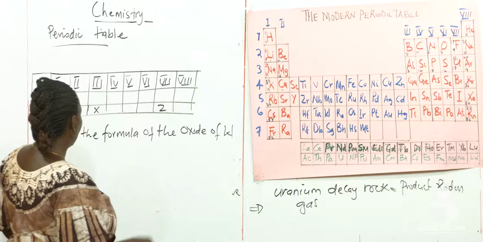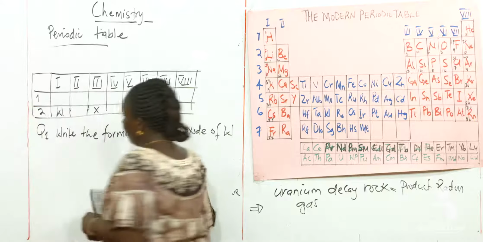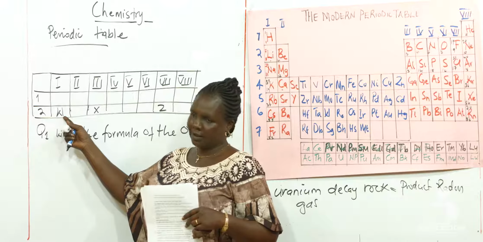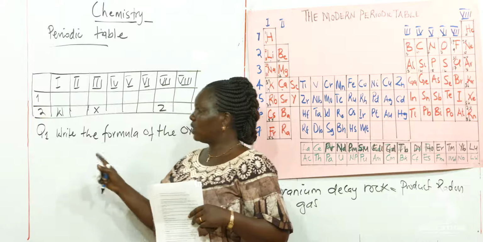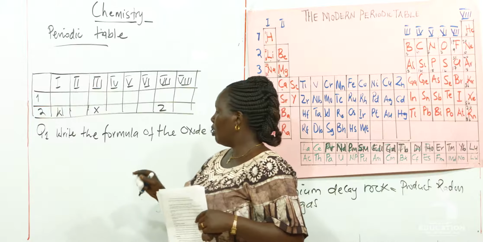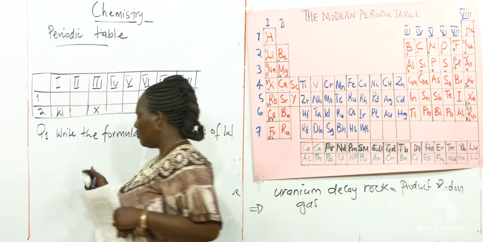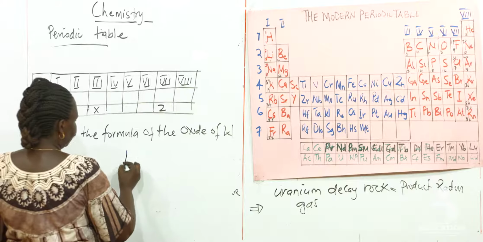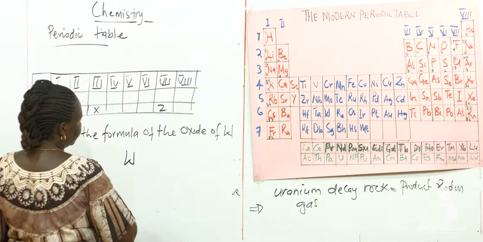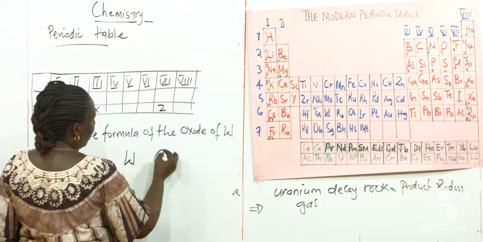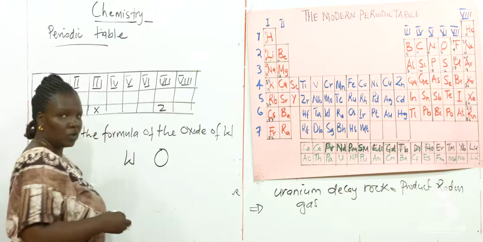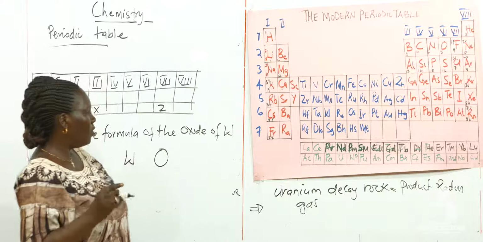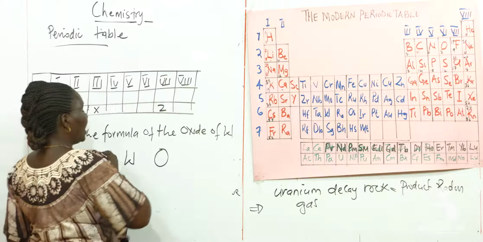First of all, W falls in group 1, and we know that all members of group 1 are metals. So the metals react with oxygen to give us a metal oxide. So if we assume that W can react with oxygen, this is W, and then we put here oxygen. The rules for writing chemical formulas are that first we write the valencies.